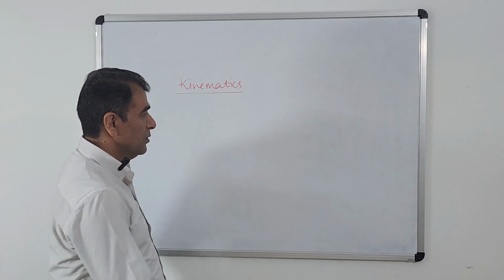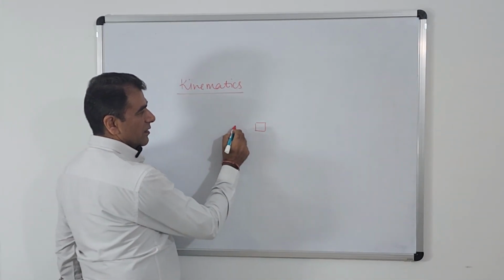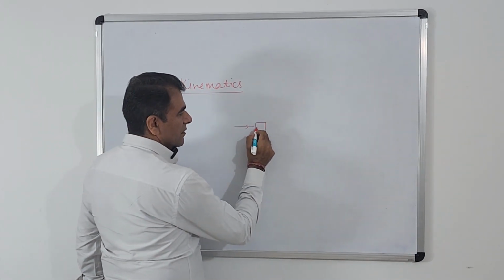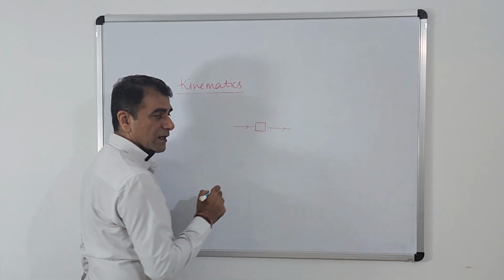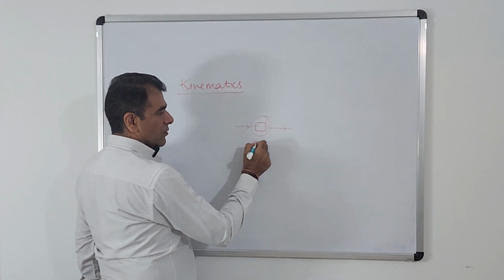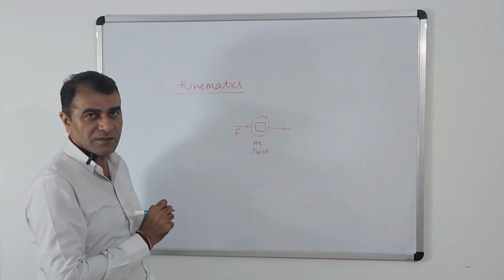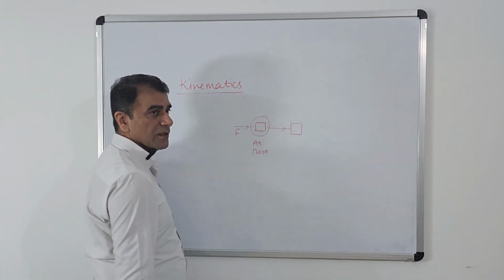Suppose there is a stone and we put some force on it. Then this stone will move in this direction, right? So the stone is at rest now, and when we apply some force on this stone, it will move, say, up to this position.